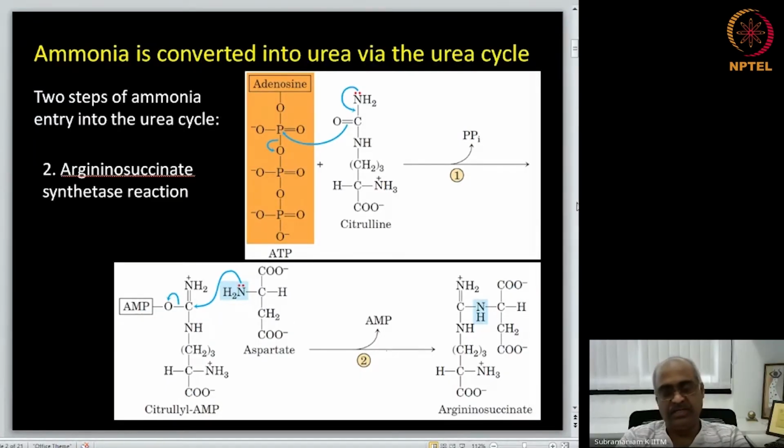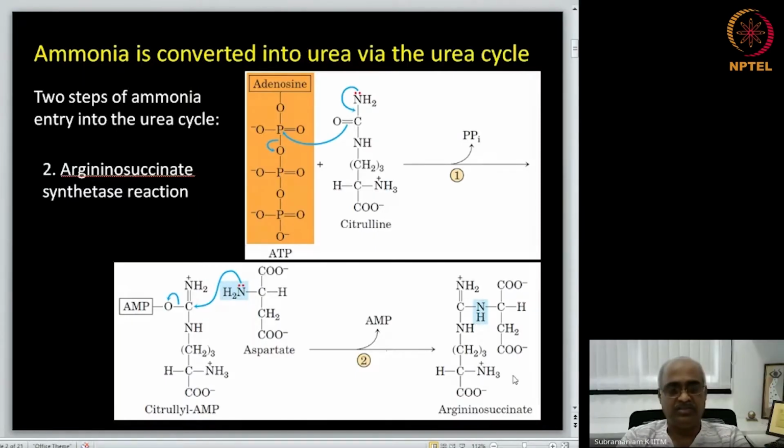The intermediate activation step is the citrulyl AMP formation. The second step is simply removal of the AMP by amide bond formation. Once this is hydrolyzed, this is going to be an alcohol group and then an amino group, so an amide linkage is going to form.